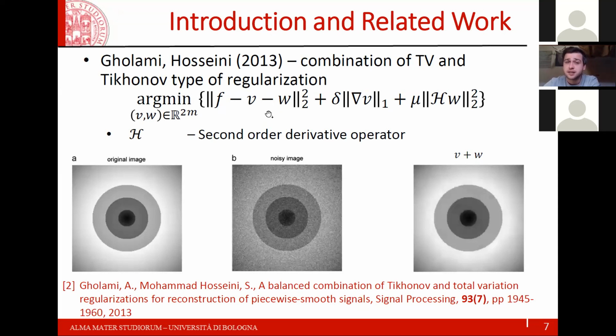In this case, it does not just tie the two components together, but it is also used as an L2 norm to handle the noise. And H is a second order derivative operator. Therefore, their results can be represented from the original and the noisy corrupted image as the denoised result.